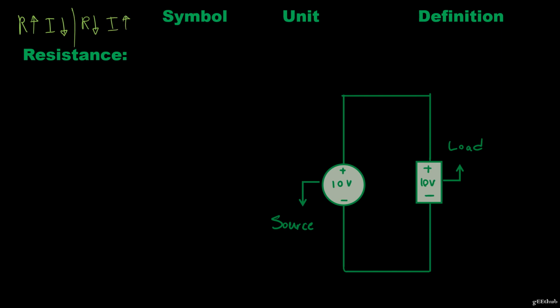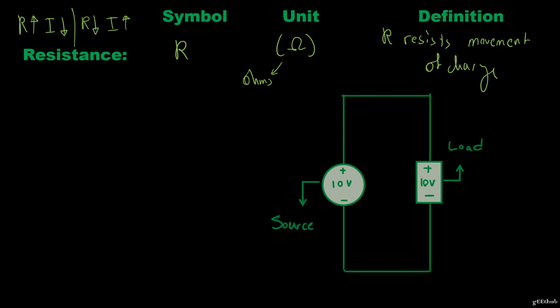So let's learn more about the resistance now. So resistance R has units of ohms. And the simple definition of it is R resists movement of charge.